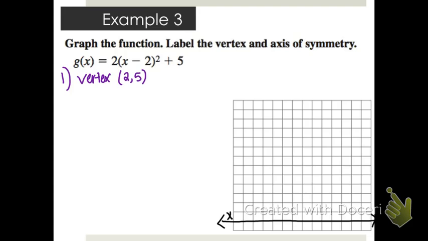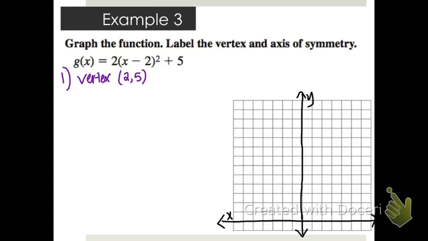And then I'll still keep my y-axis fairly close to the middle. Trying to make this line as straight as I possibly can. This is my y-axis. That's my x.